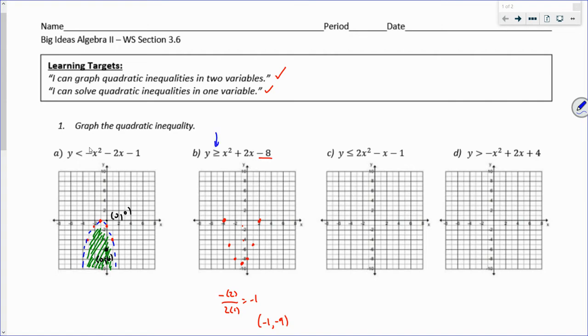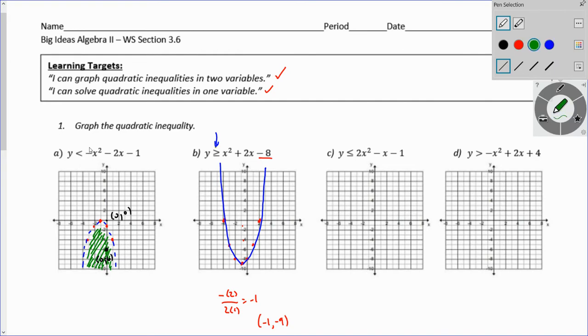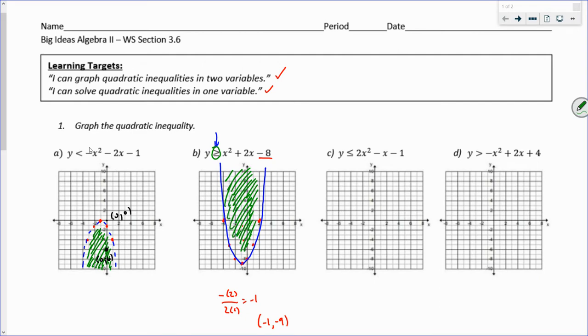This tells me right here, solid line. And this tells me go above the vertex. So above the vertex would end up being on the inside of the parabola.